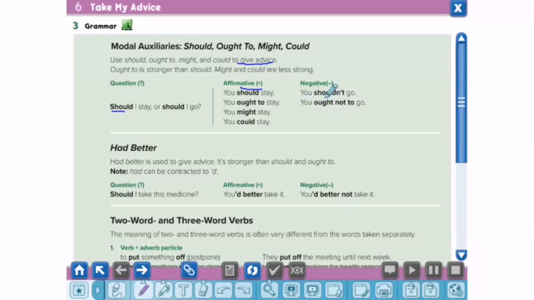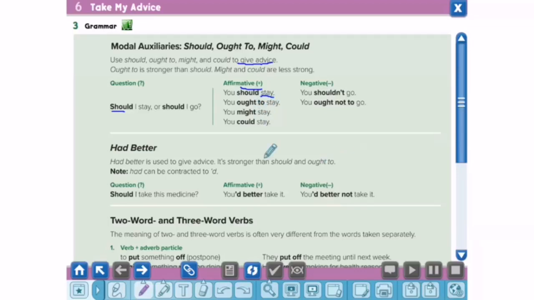We say you shouldn't go, you ought not to go. This is for the first part. Remember that we use the verb without any additional thing. We do not use it with the past, we do not use it with the ing. We say you should stay, you might stay, you could stay, you ought to stay.